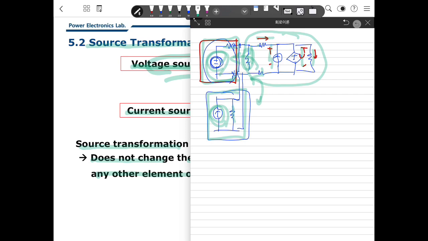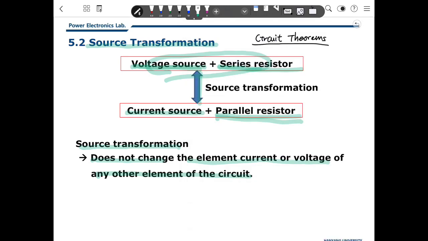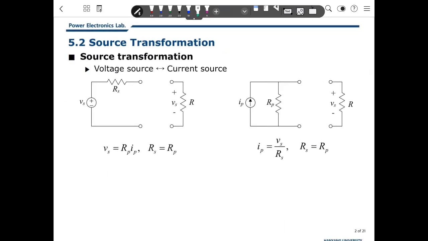The voltage source in series with a resistor can be transferred to a current source with a parallel resistor. This is how to transfer the voltage source with the series resistor to the current source with the parallel resistor.